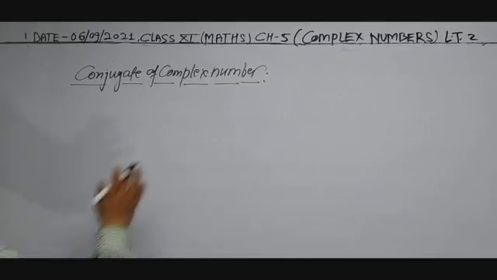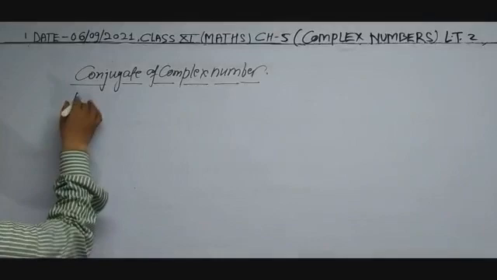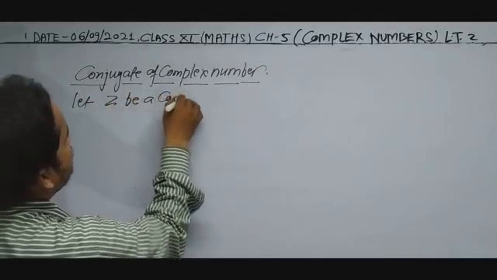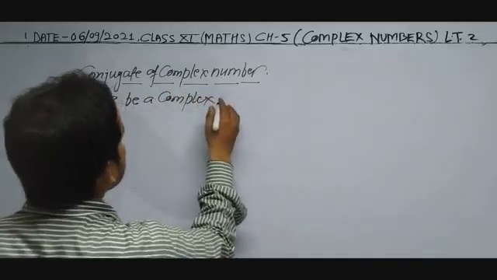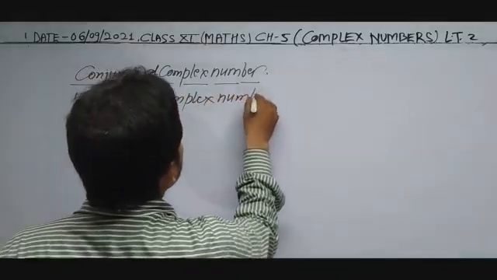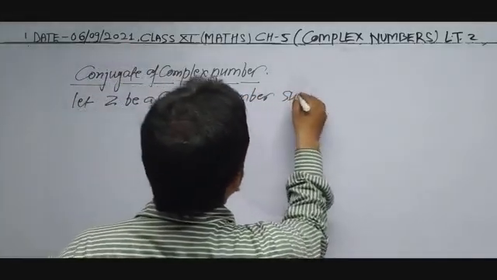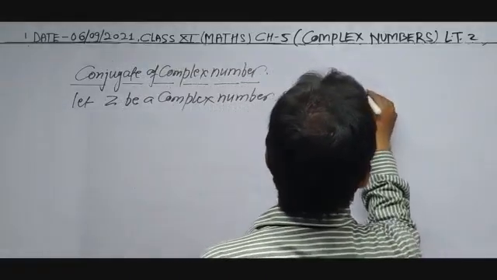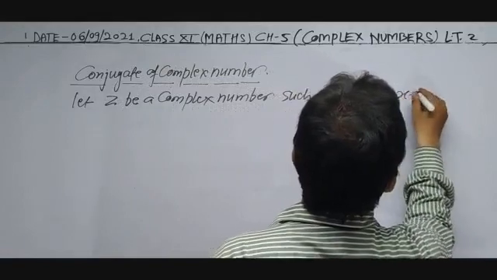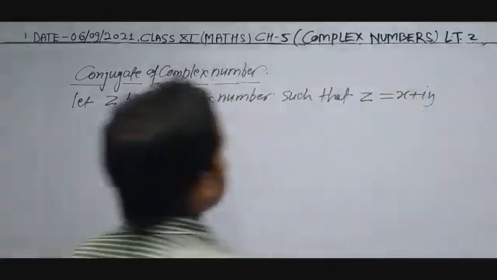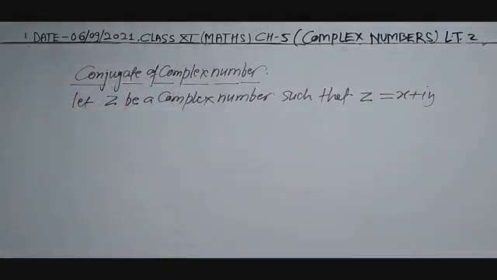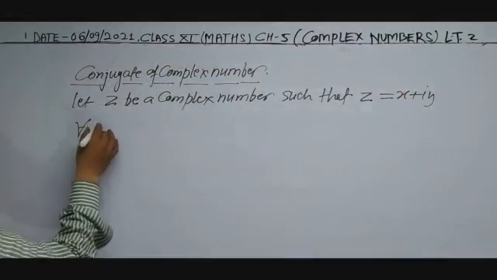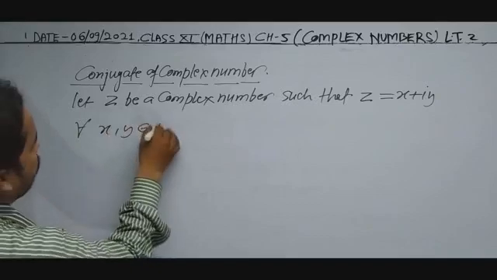So let Z be a complex number such that Z is equal to X plus iY for all X, Y belongs to real.